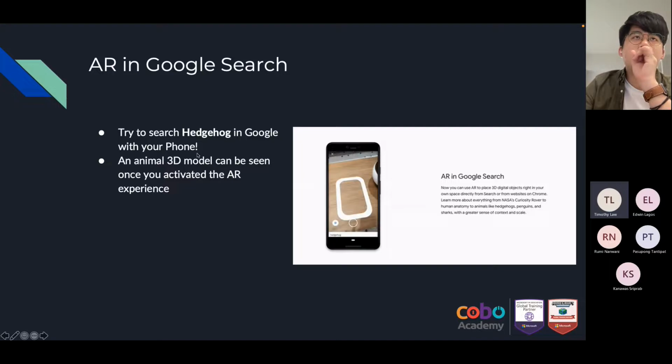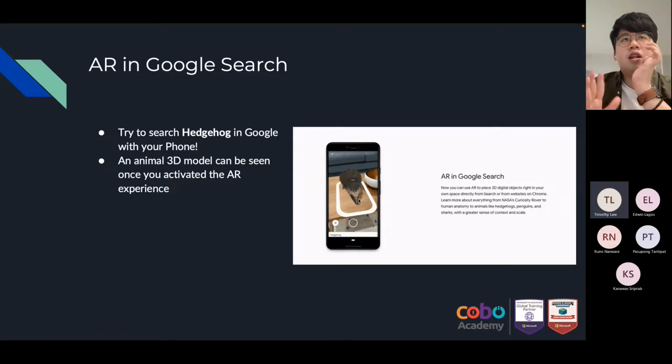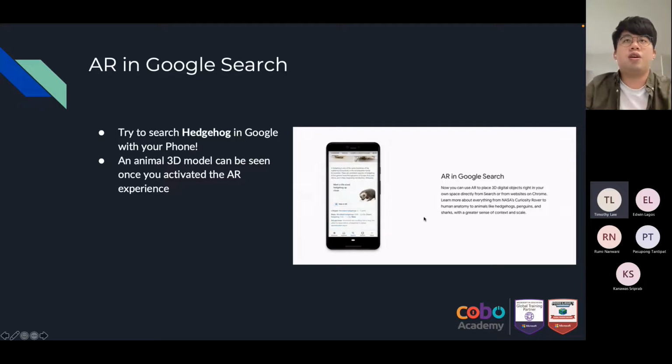If you search hedgehog, you will probably see the option to enable it in 3D. If you put it in space, just like the GIF on my right hand side, the hedgehog shows up in your home environment, sitting on a desk, with some motion. You can look around by moving the camera and see each side of that hedgehog.